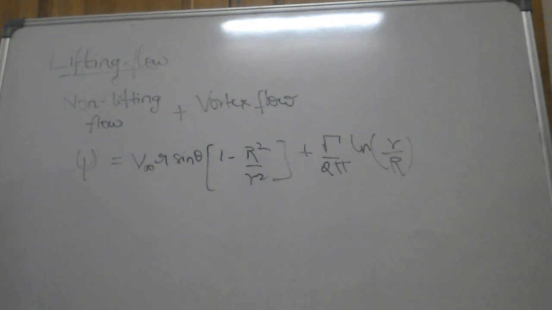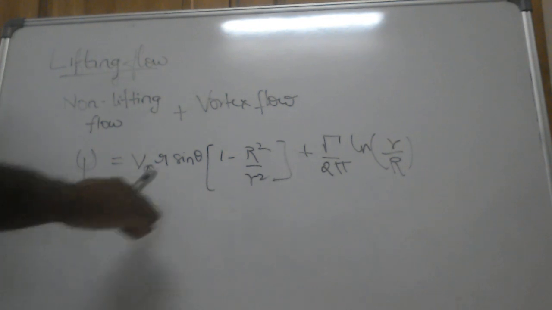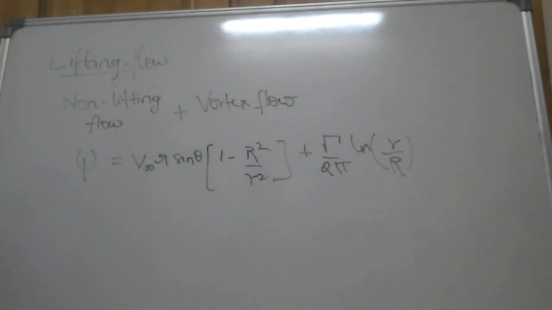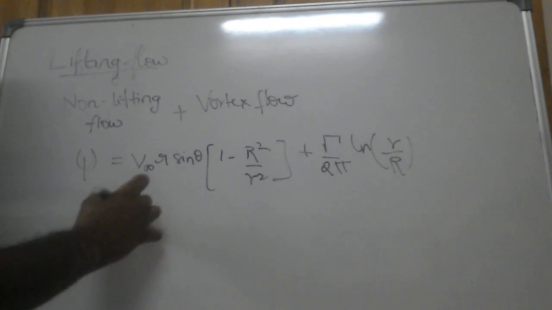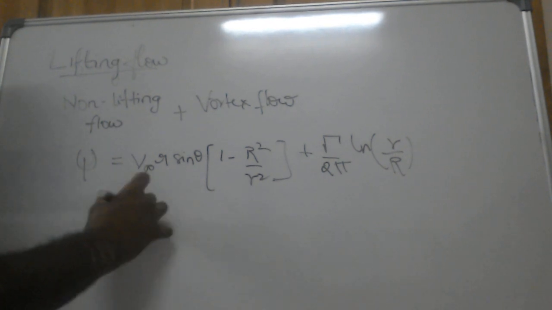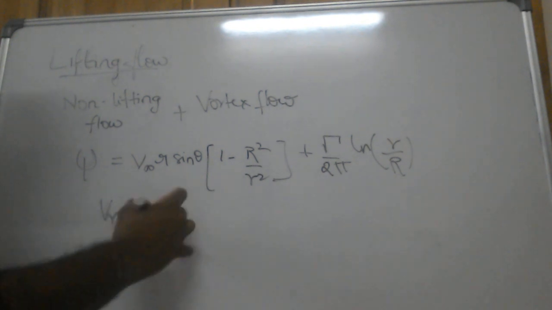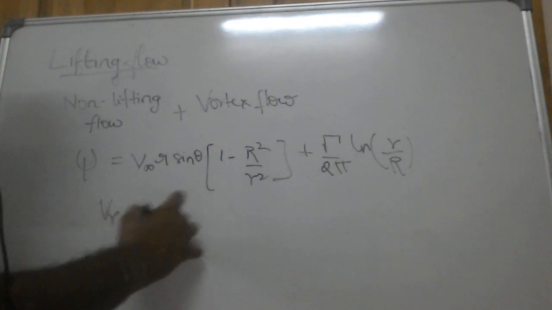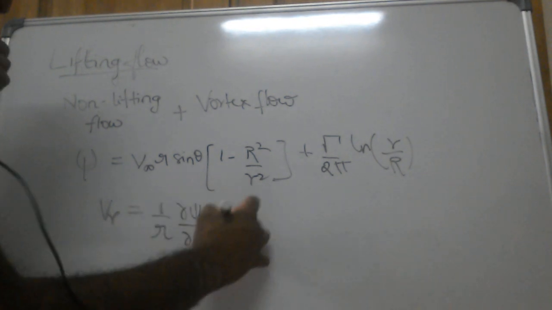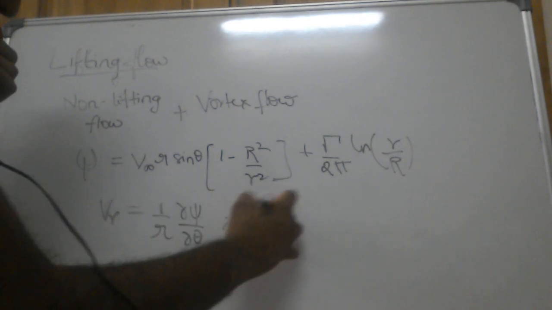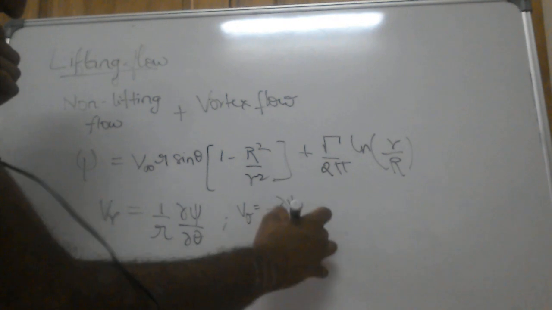So as the coordinate system here is r and theta, we'll take the approach using the polar coordinate system, for which the components of velocity Vr is given by 1 by r dou psi by dou theta, and V theta is given by minus dou psi by dou r.